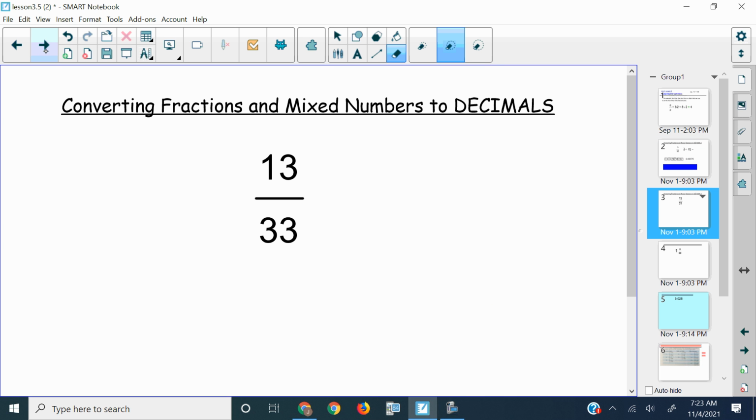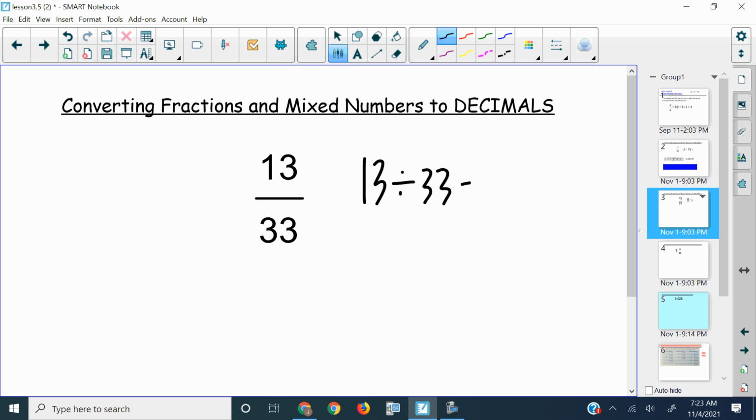All right. Taking these now and taking 13 thirty-thirds. I'm going to go on my calculator: 13 divided by 33. Press the equals button on the calculator. So you can go ahead and do that too right now. Just go 13 divided by 33.